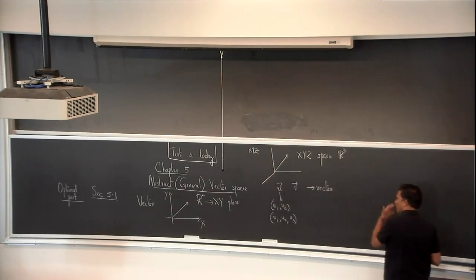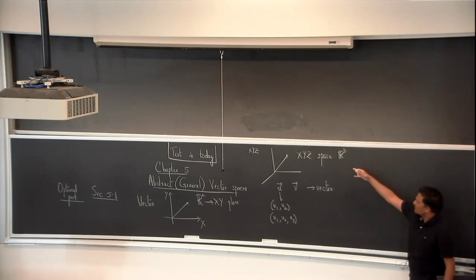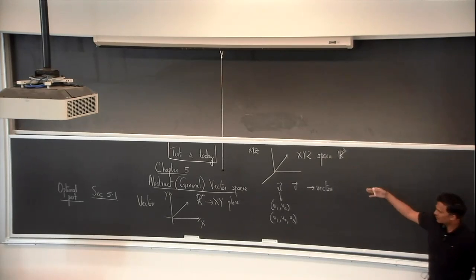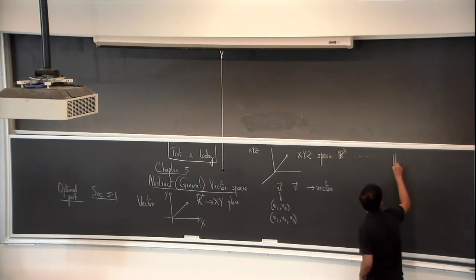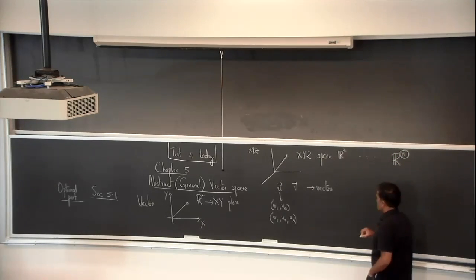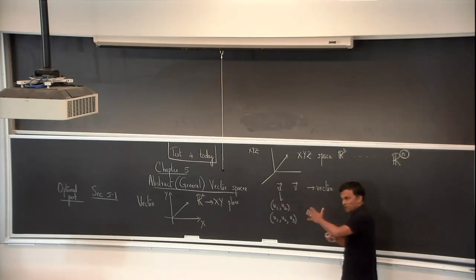But you could just keep on extending this. Our ability to draw things gets limited at this point. We cannot draw anything beyond 3 dimensions, but you can keep on extending this to n dimensions. That's 2 dimensions here, the easiest thing to draw. This is 3D, which is what we see around us.